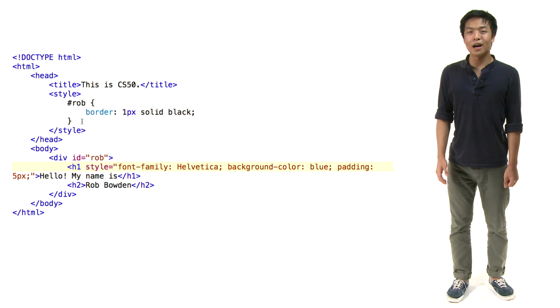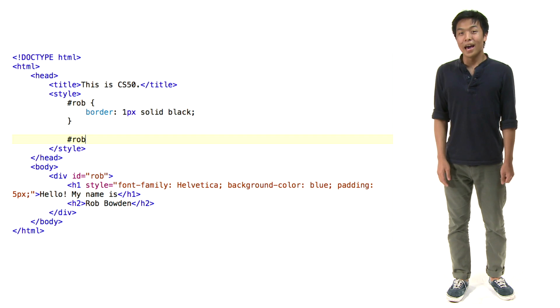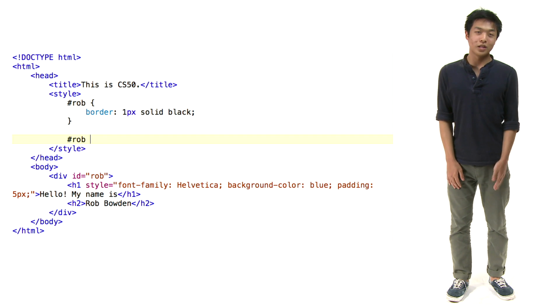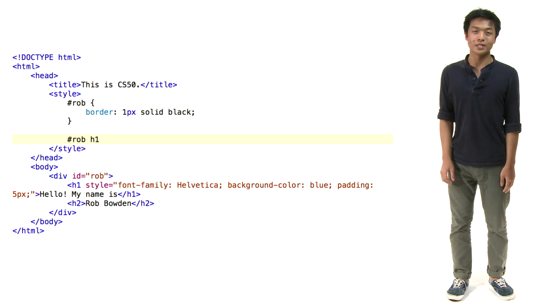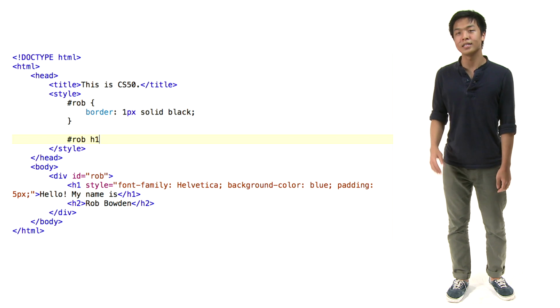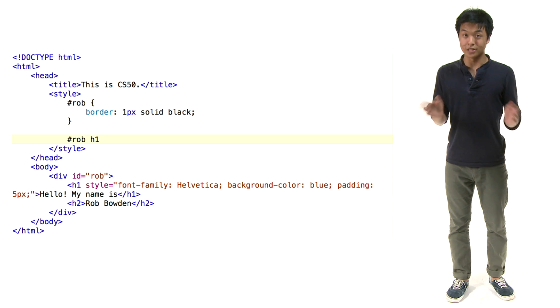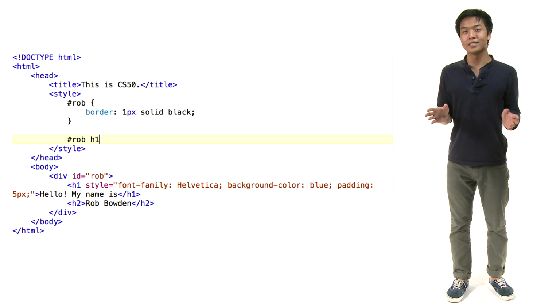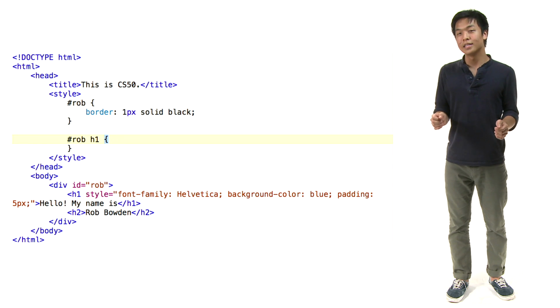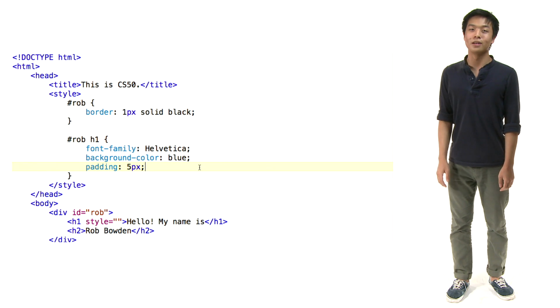That sounds a lot more complicated than it actually is. Here's an example. We'll type #rob, add a space, and follow it with an H1, another simple selector called a tag selector that selects types of elements like divs or paragraphs. The space combines our two simple selectors, applying all CSS declarations in the curly braces, to H1 tags that live inside of the element with ID rob.